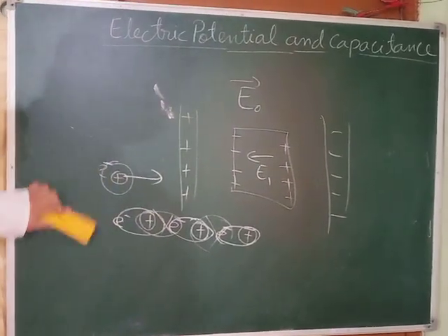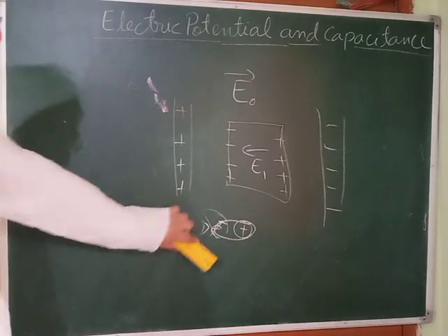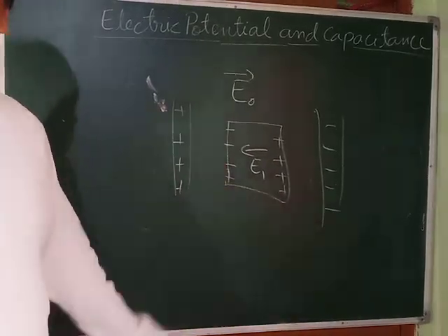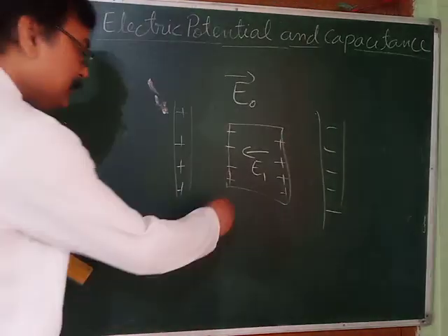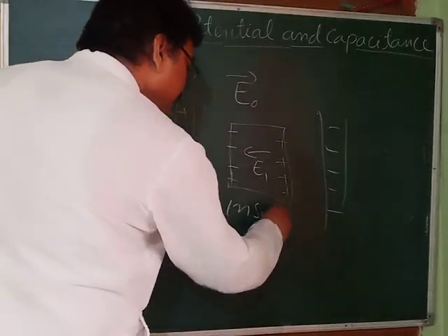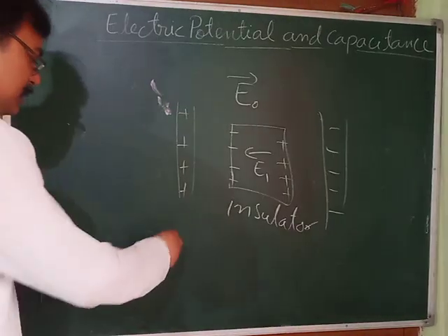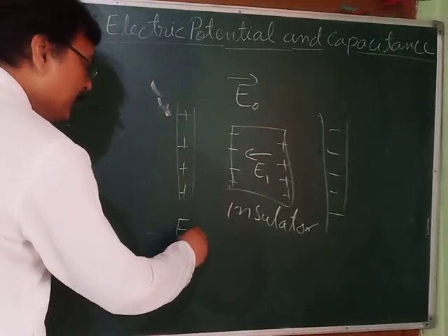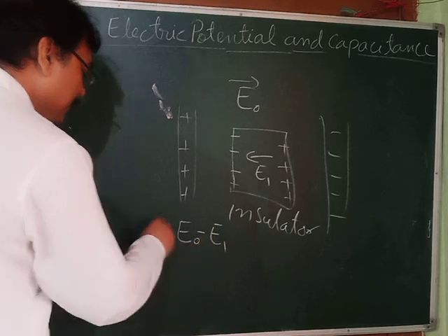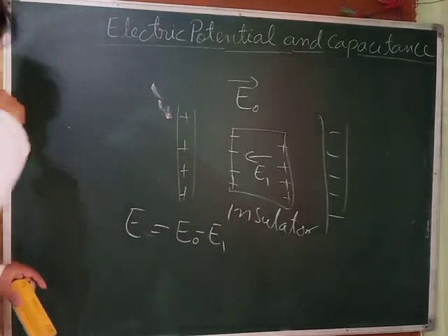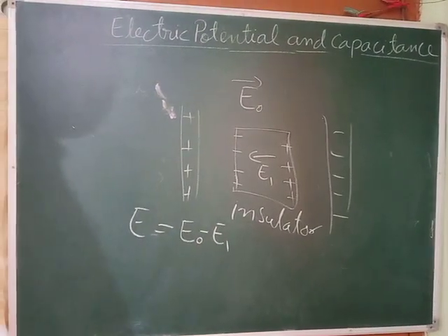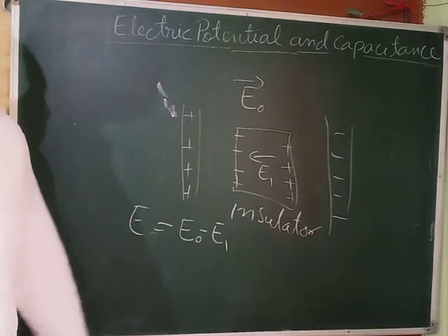Now what is the total electric field in this insulator? It will obviously be E naught minus E1, that is equal to E. And it is always found that this is positive.